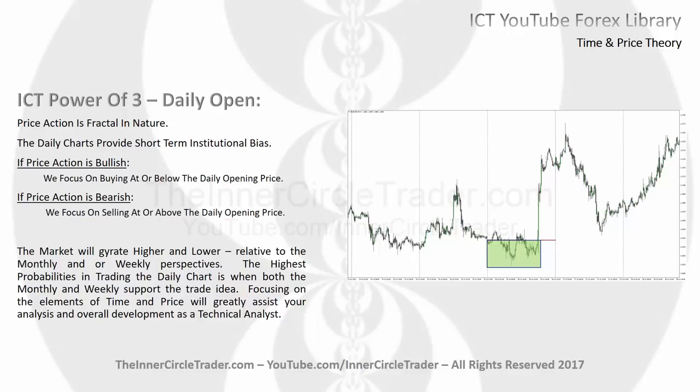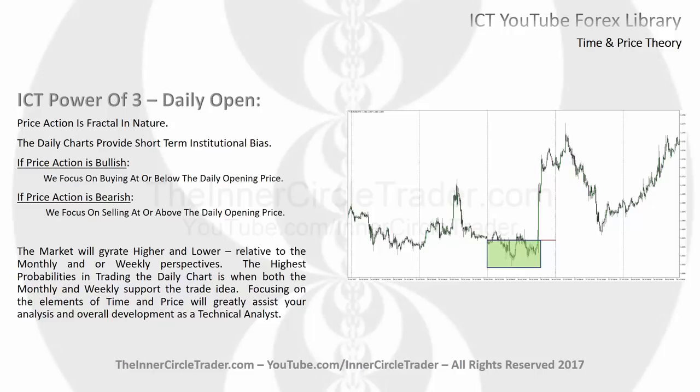But if we're bullish relative to the daily time frame, we are looking to be buying at or below the daily opening price. And if we're bearish on the daily, we're going to be focusing on selling short at or above the daily opening price. Now, the market will gyrate higher and lower relative to the monthly and or weekly perspectives, as we mentioned in the previous slides.